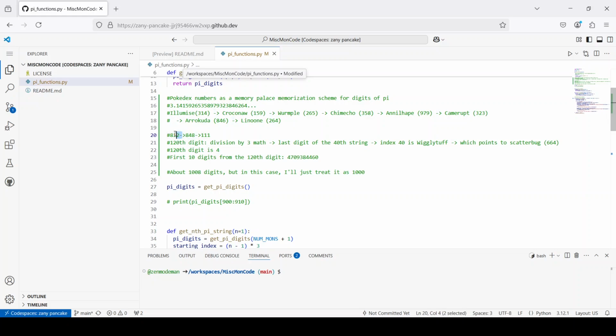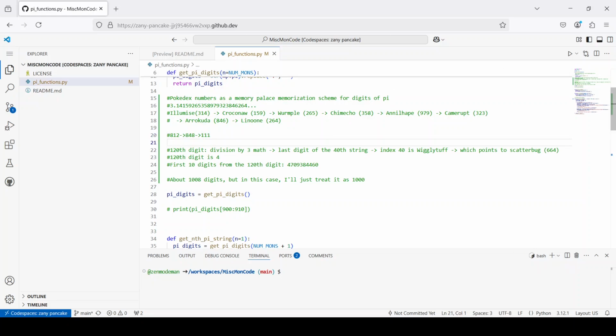And we have links like this, but sometimes in my head I might forget. So this is Rillaboom, Toxel, Rhyhorn. At an early part of memorization, I might have forgotten that after Toxel is Rhyhorn, which is 111.